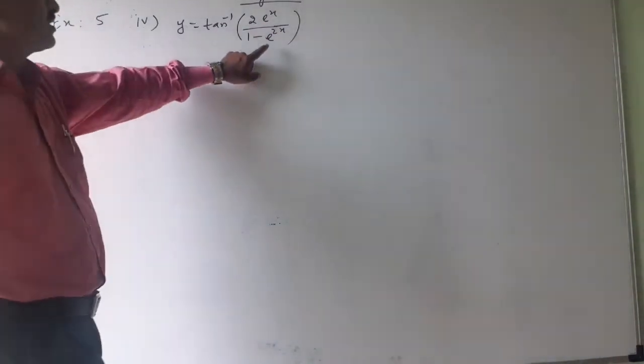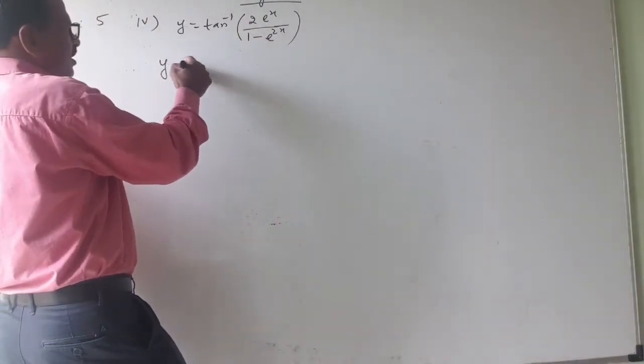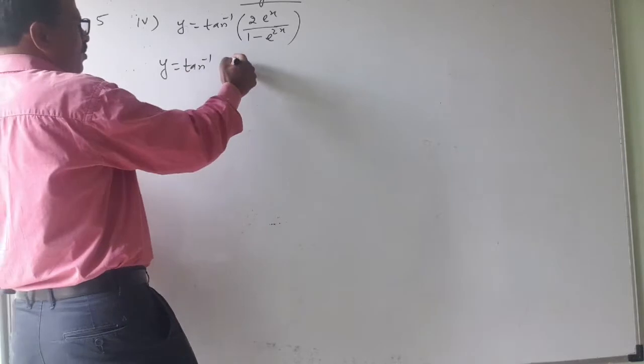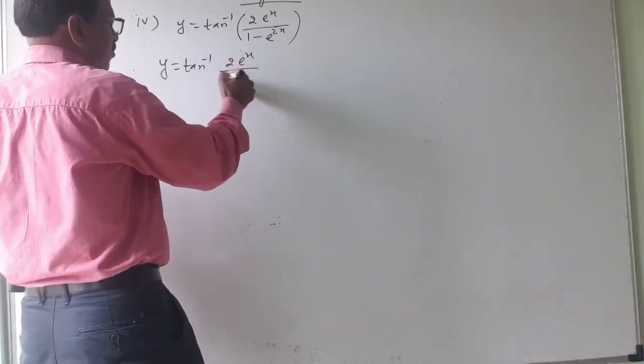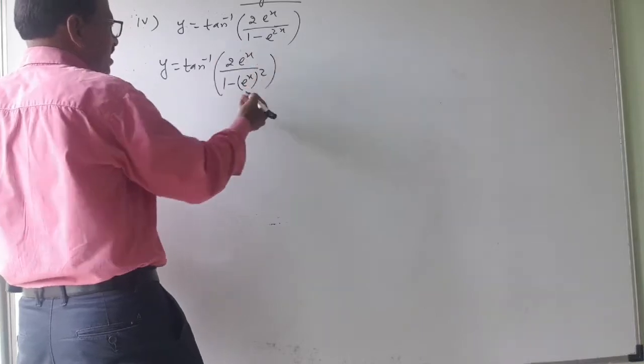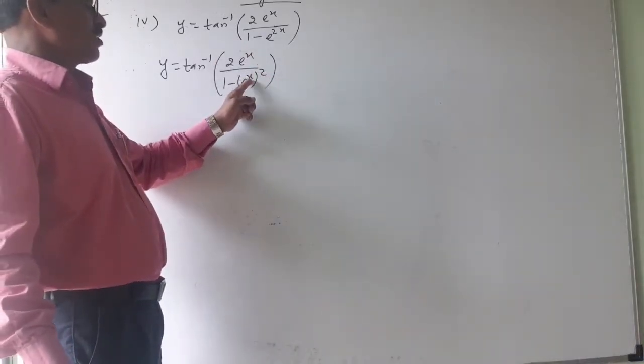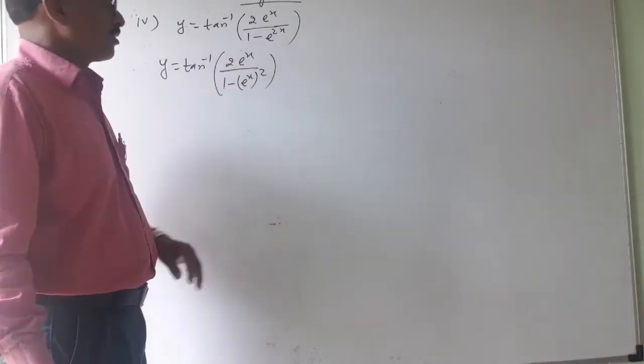E raised to 2x means e raised to x bracket square, that I can write. Y is equal to tan inverse of 2 into e raised to x upon 1 minus e raised to x its square. That way I can write. Because index raised to index means multiplication of the index. It is 2x only. Okay.